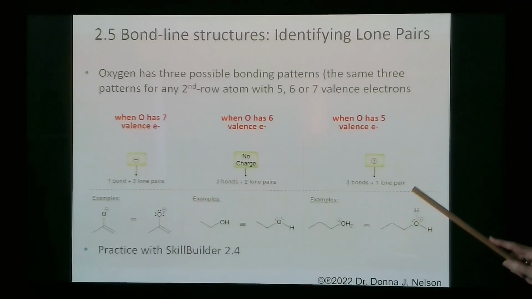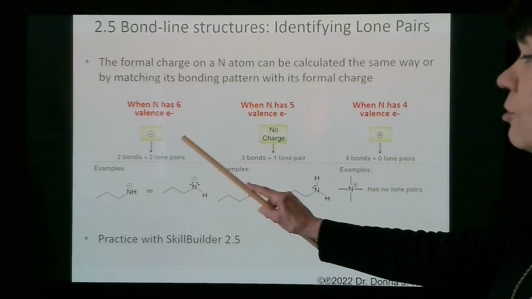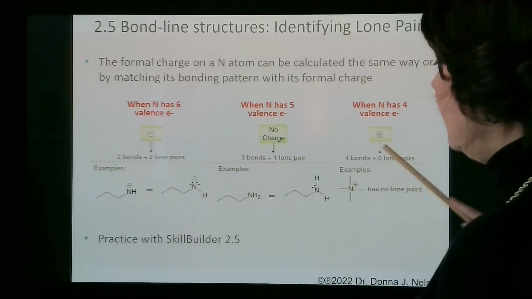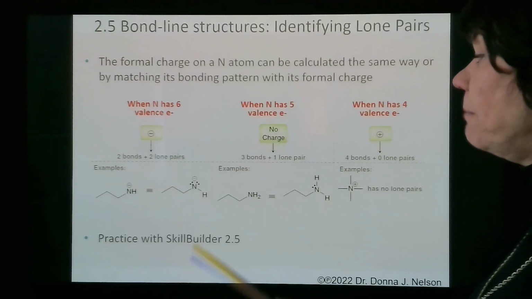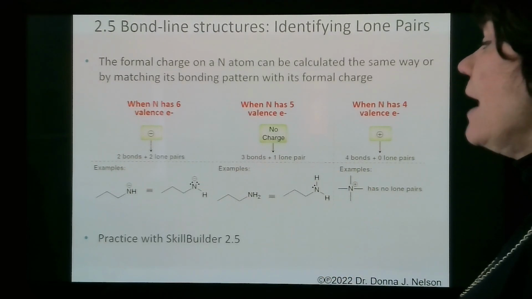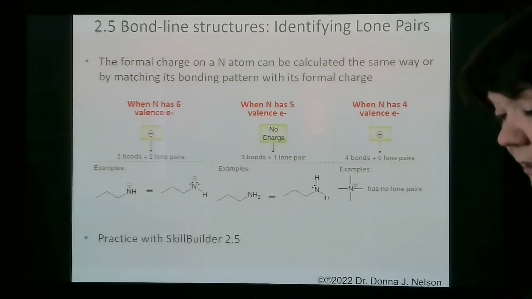Oxygen needs 6 to be neutral, so this is bearing a positive charge. And the same thing goes for nitrogen. It's the same discussion, and so I'm going to let you go through these, and if you have any questions, you can ask in class. But this calculation is analogous to what you saw on the previous slide.